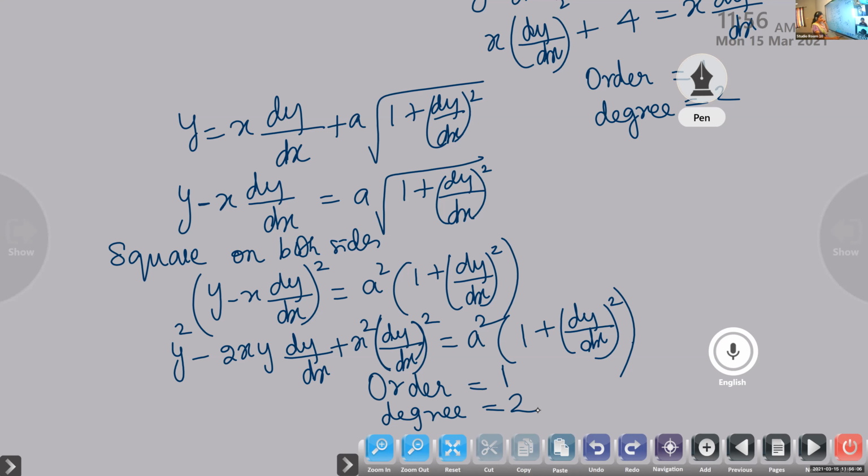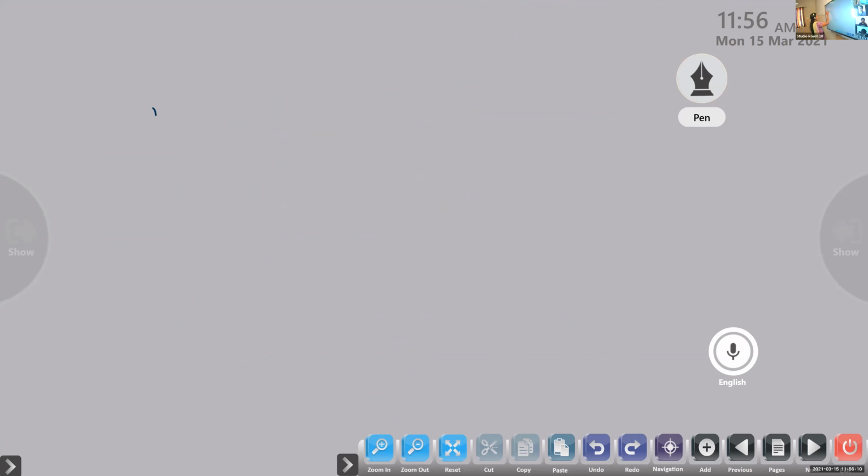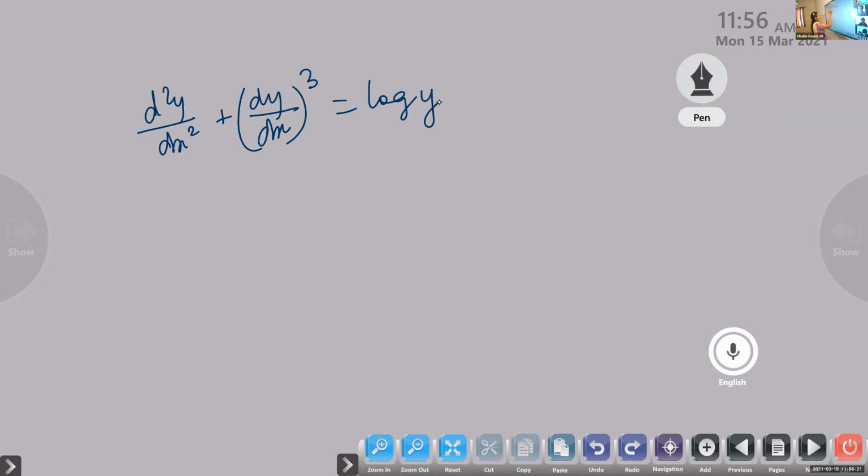Okay, write the next one: d square y by dx square plus (dy by dx) the whole cube is equal to log y. What is the order? What is the degree?